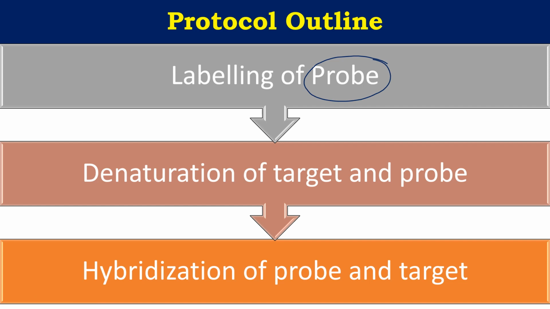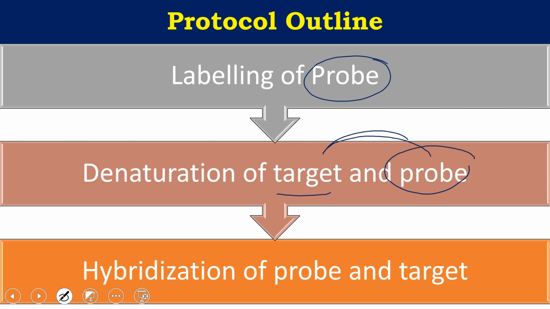Then the target where you want hybridization, and the probe, which is a DNA or RNA fragment, are both denatured, so that you get a single-stranded probe and also single-stranded target DNA. Then the probe is hybridized with the target.